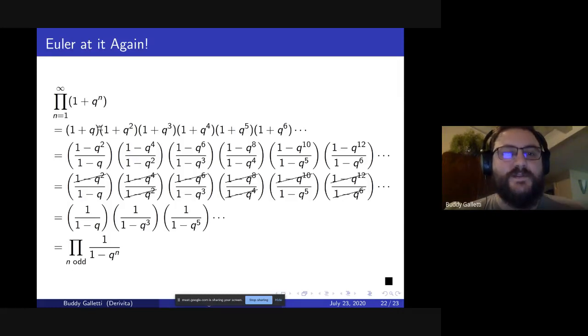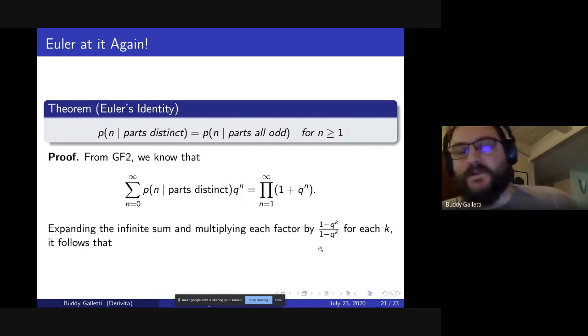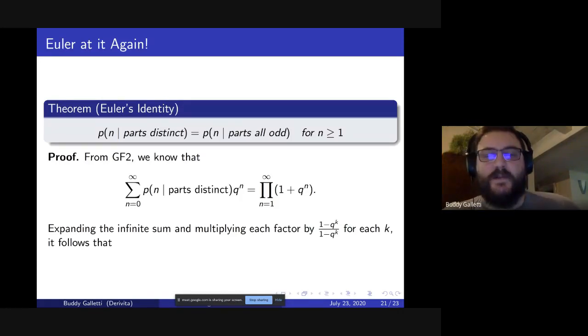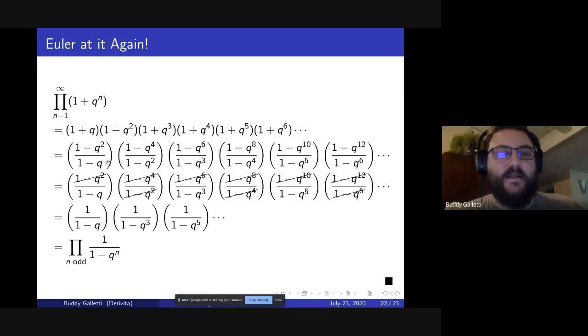What we're going to do to each term now is multiply it by 1 minus q to the k over 1 minus q to the k, basically giving us a difference of squares in our numerator, and then just a single factor of 1 minus q to the power for each term in these subsequent lines.